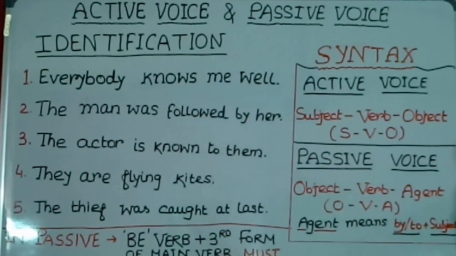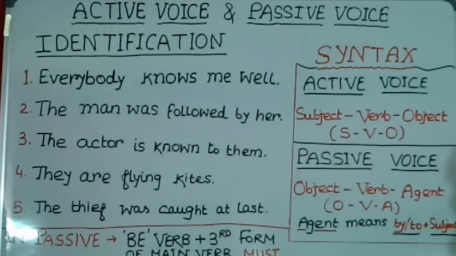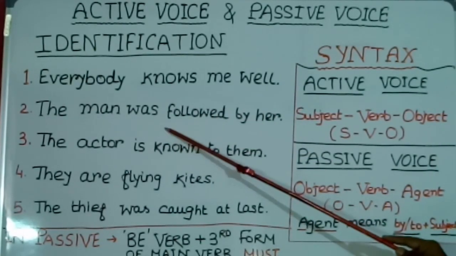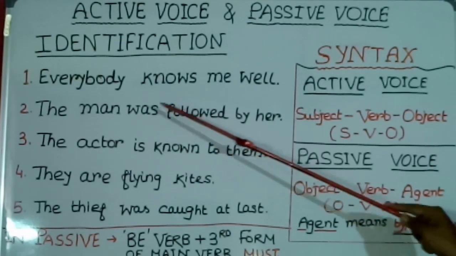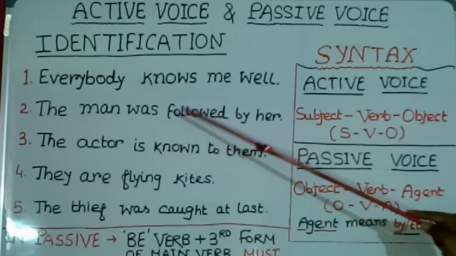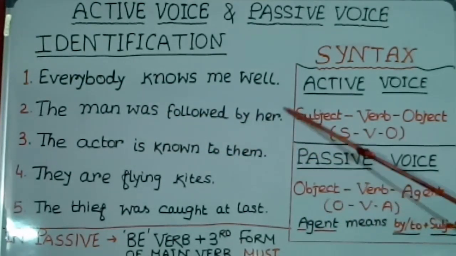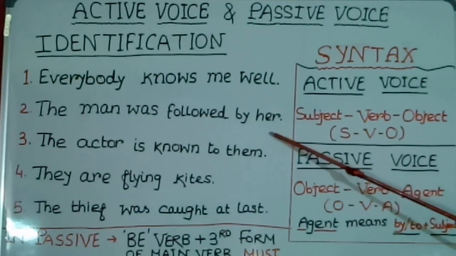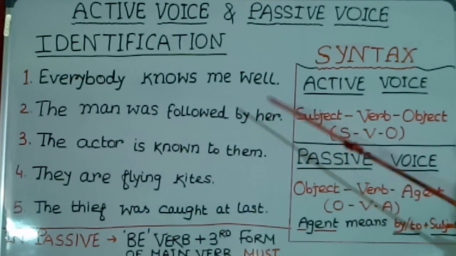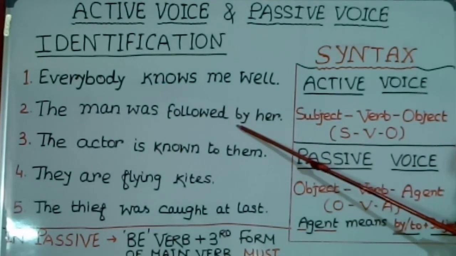Now if we go to the next example: the man was followed by her. Where is the verb? Was followed. Now who followed? Not the man. She followed. Over here we can see the subject is present at the end of the sentence, taking the preposition by.